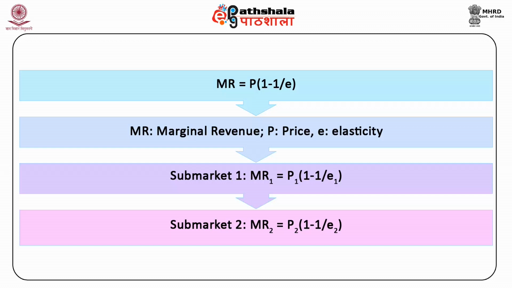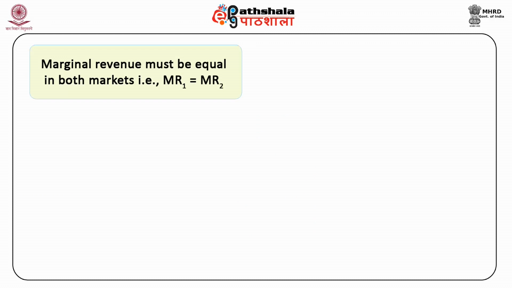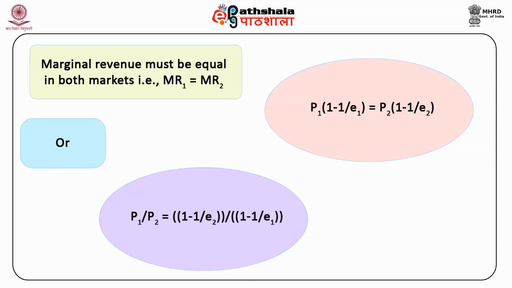And marginal revenue must be equal in both markets. MR1 equals MR2, so we have P1(1 minus 1 upon E1) equals P2(1 minus 1 upon E2), or P1 upon P2 equals (1 minus 1 upon E2) by (1 minus 1 upon E1).